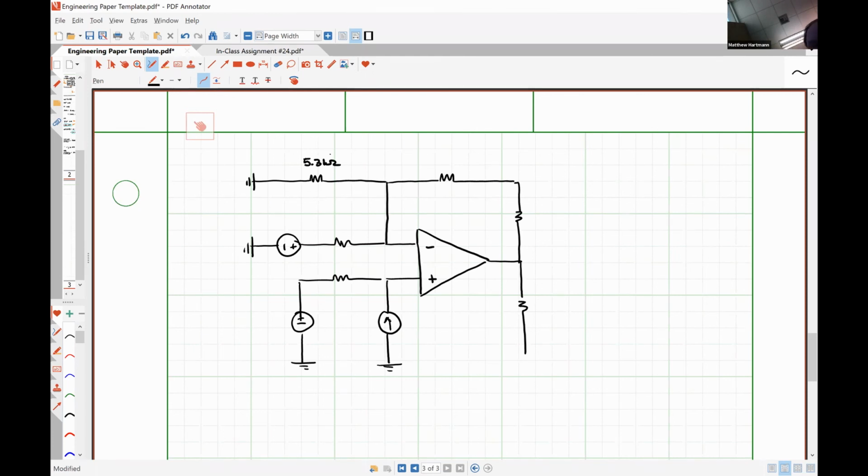But in all honesty, it's not that particularly difficult to solve.